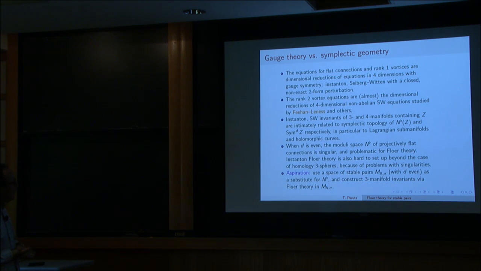So, of course, instanton and Seiberg-Witten equations give rise to invariants of 3 and 4 manifolds, and the invariants for those 3 and 4 manifolds that contain this surface Z are intimately related to symplectic topology on the Kähler manifold in question, so the moduli space of projectively flat connections or the symmetric products.